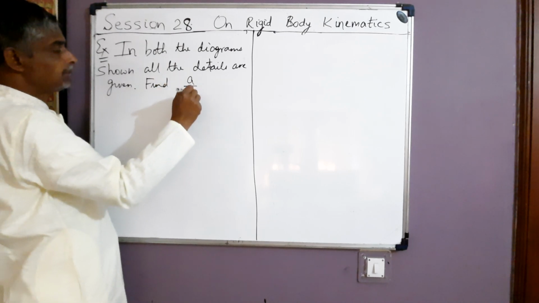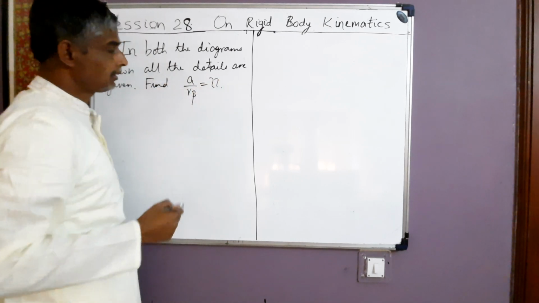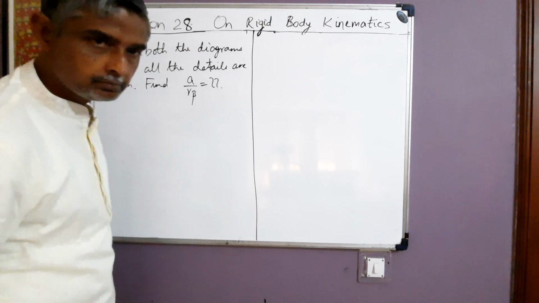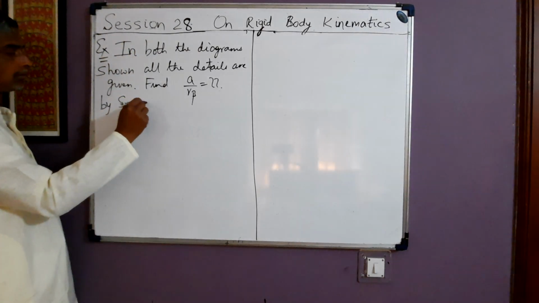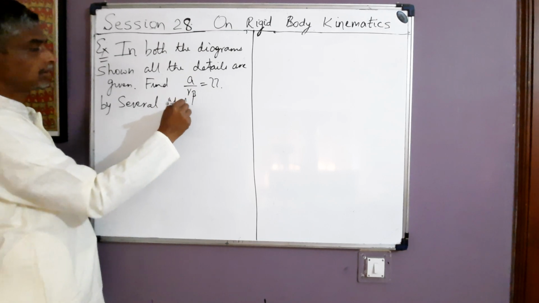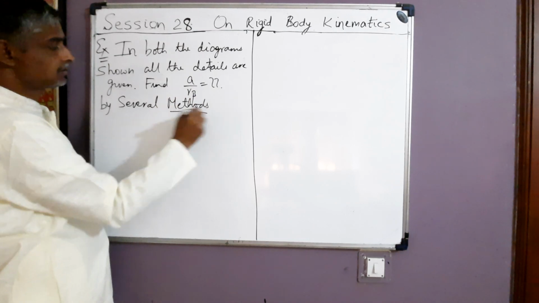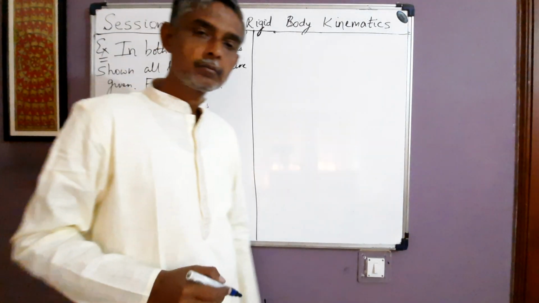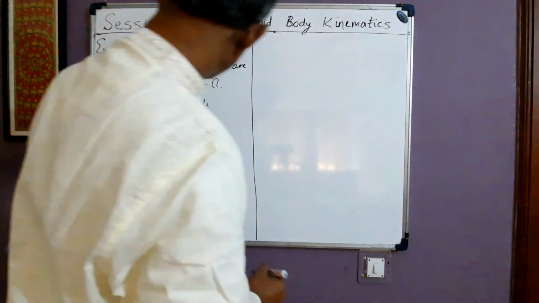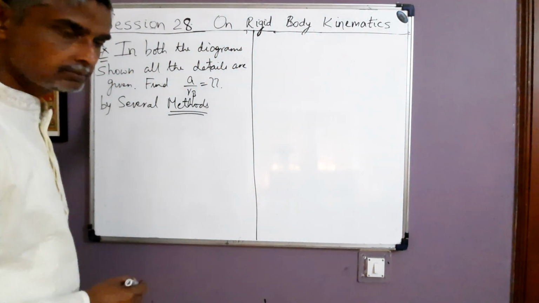Find the value of A by R beta. A, beta and R will be specified in the problem. Find the value of A by R beta by several methods. By several methods we have to determine the value of the quantity A by R beta.